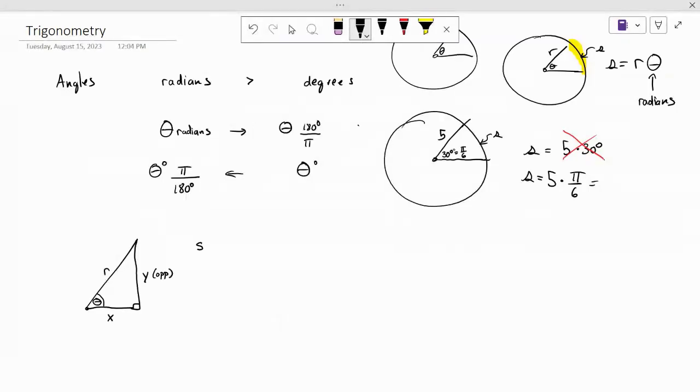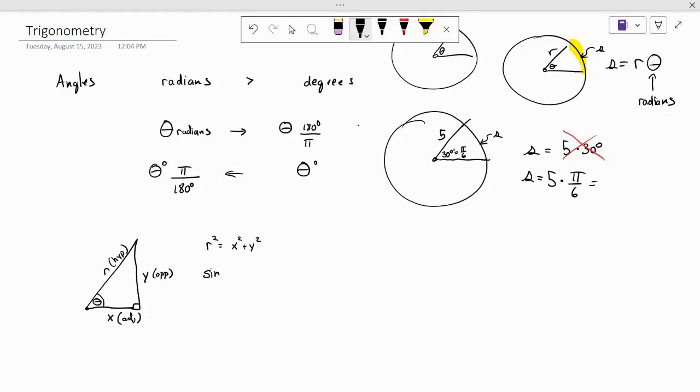So of course, I'm going to relate this to the unit circle. So instead of opposite, I'm using y, and instead of adjacent, I'm using x. Instead of hypotenuse, I'm using r. Okay. And of course, we know that according to the Pythagorean theorem, the hypotenuse squared is just the sum of the two smaller sides squared.